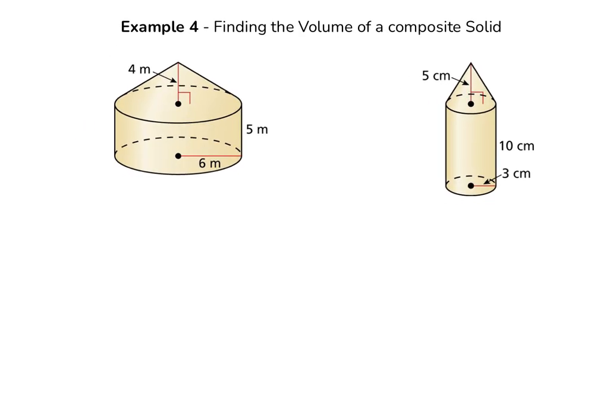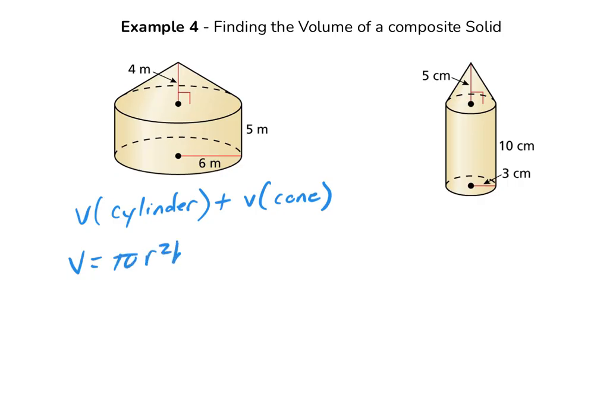Let's do the one on the left. We're going to do the volume of the cylinder plus the volume of the cone. To find the volume of a cylinder, that would be pi r squared h. To find the volume of the cone on top, that would be 1/3 pi r squared h.